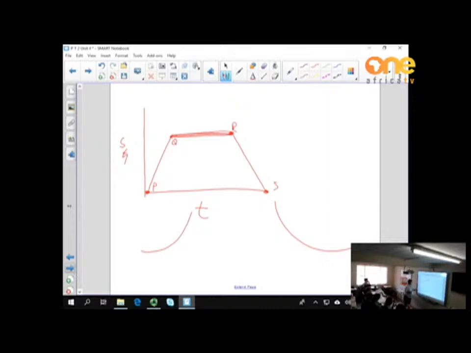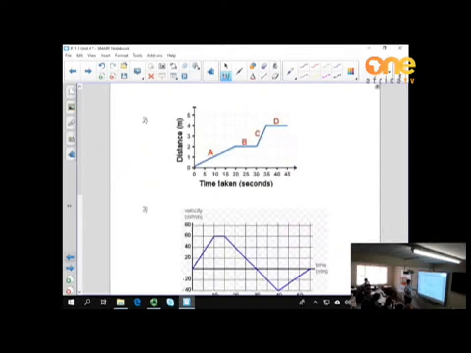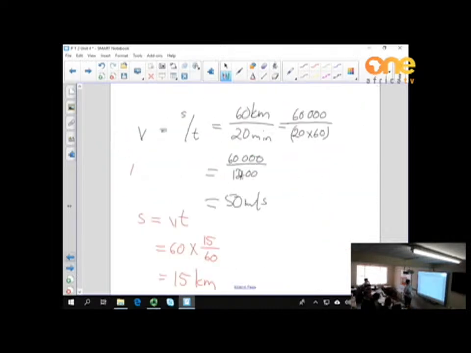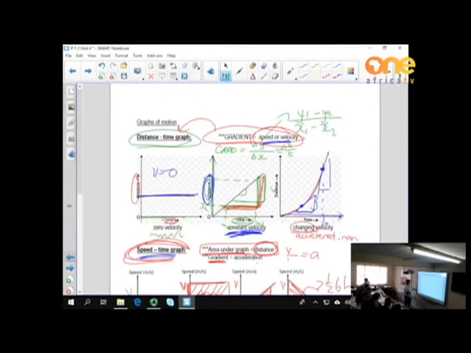Remember, if we go back to our graphs, just have a look there. Where are the shapes? Over here. Distance time graphs. There. For constant velocity. What? No, forget about the angle. No, the angle has just got to do with how fast it's going.